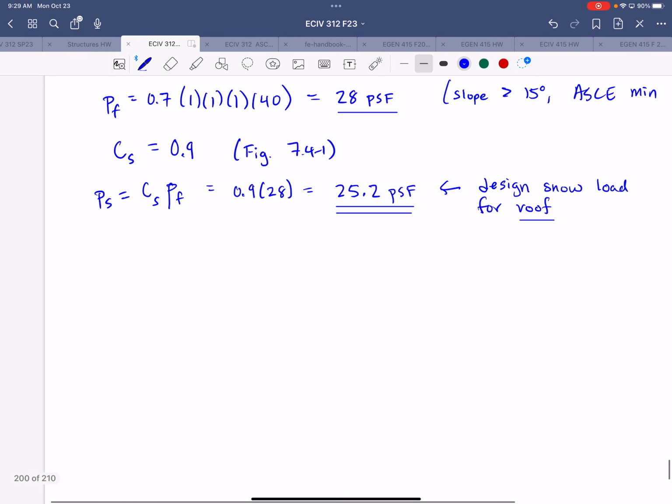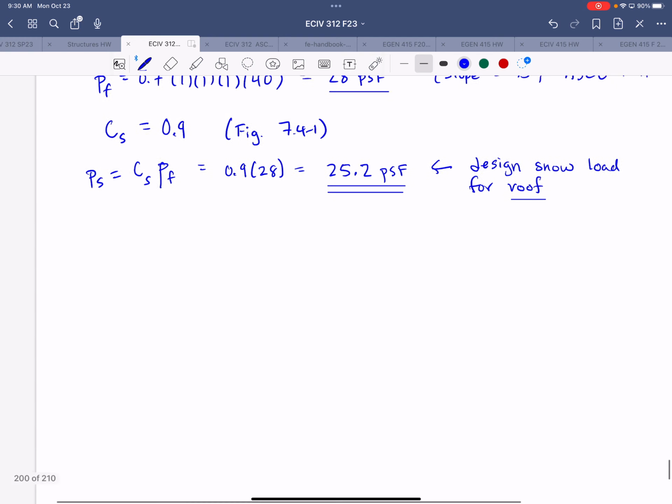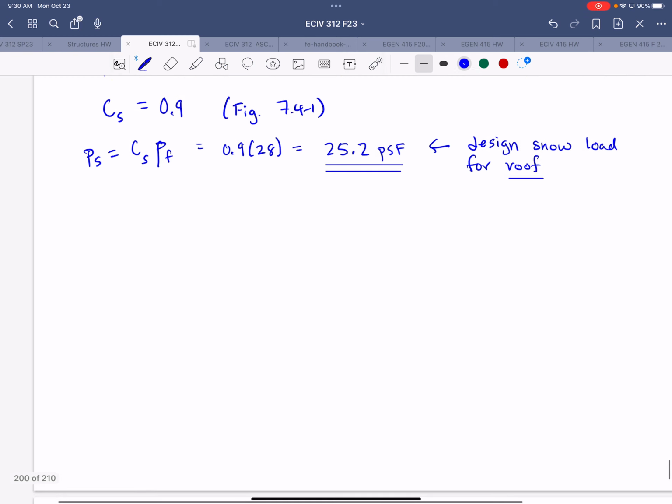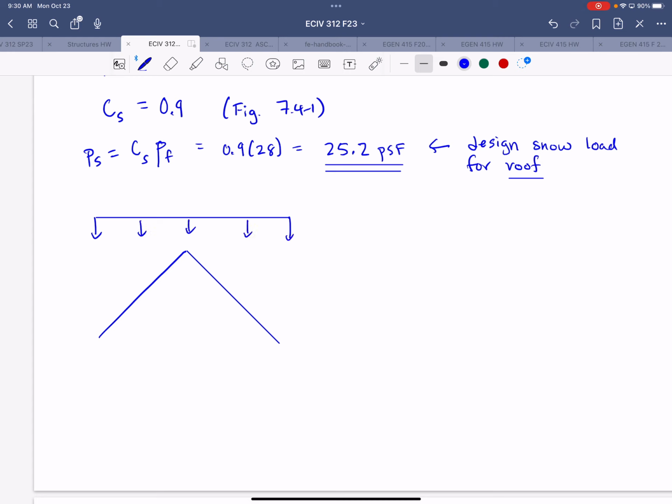All right, so continuing with this example then, now that we've identified the design snow load for the roof, we got to continue and get the stuff for the rafter. So if we want to sketch what's going on, we can sketch our roof profile, something like this. And then we can sketch that snow load as a vertical load acting over the horizontal projection of the roof.